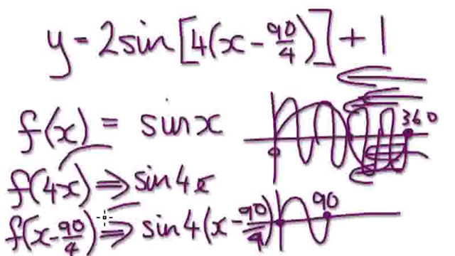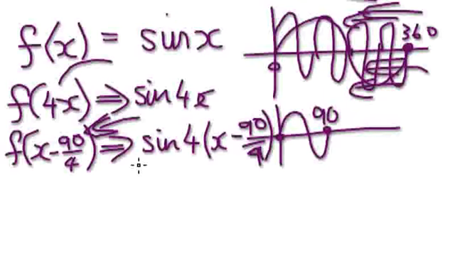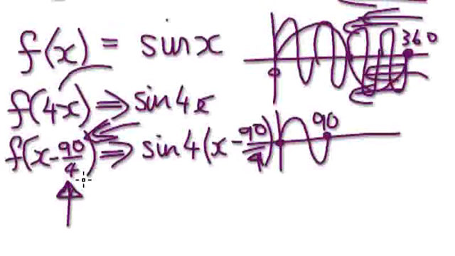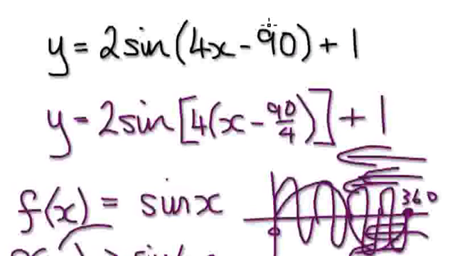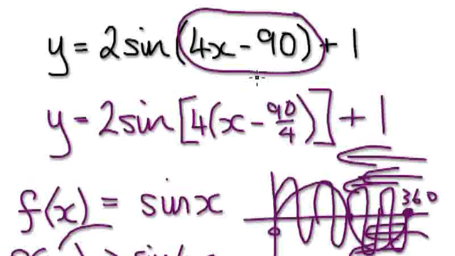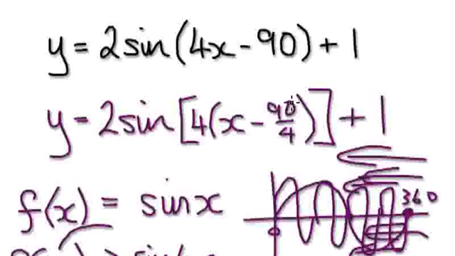Applying this transformation means we are shifting everything to the right by this amount. That was the whole point of rewriting it in this form, just so that we can identify this bit here. This bit tells us that we should move it to the right by 90 over 4.